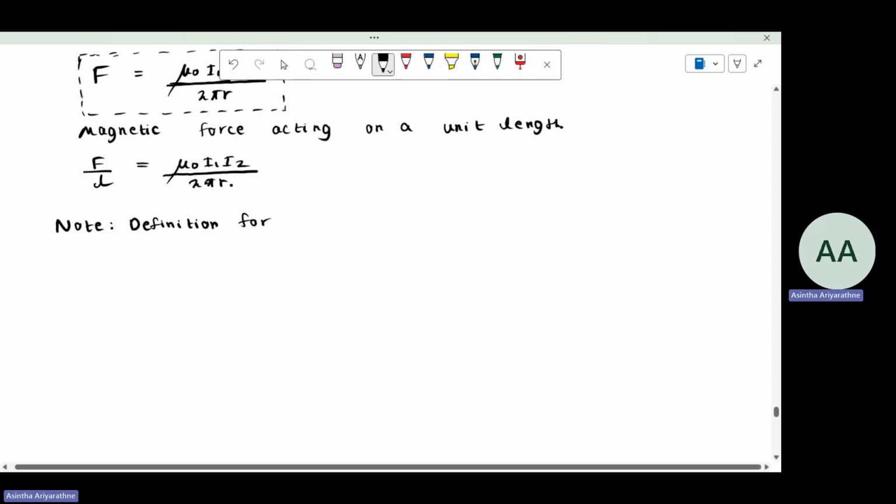The ampere is the unit used to define the current, right? Definition for ampere.